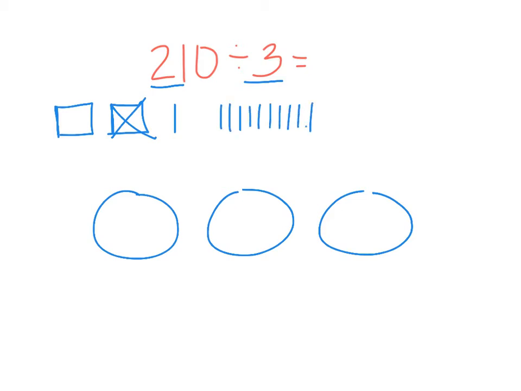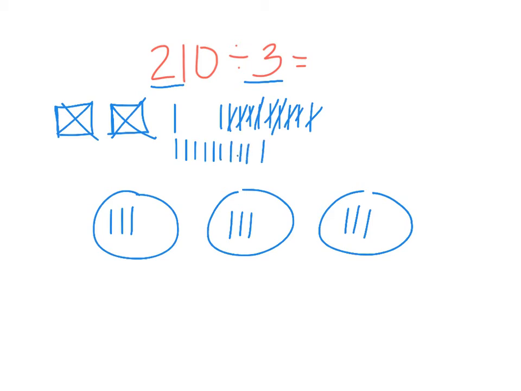And then I'm going to start distributing the best I can. 1, 2, 3. 1, 2, 3. 1, 2, 3. Oh, I'm going to have to break that one up too. Okay. So those 3, those 3, those 3, and I'm left with 1, 2, 3. Great. Now I count how many are in each, and there should be 7.